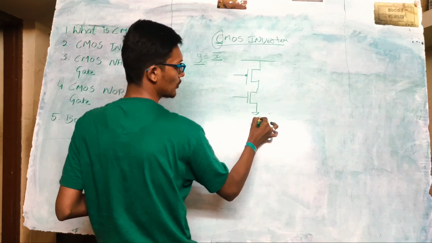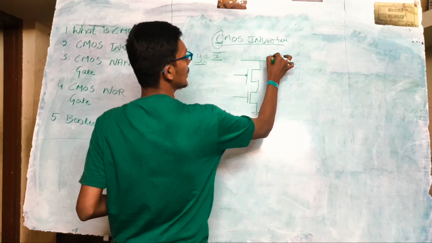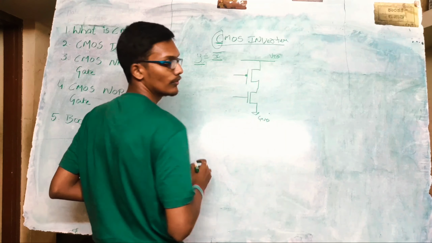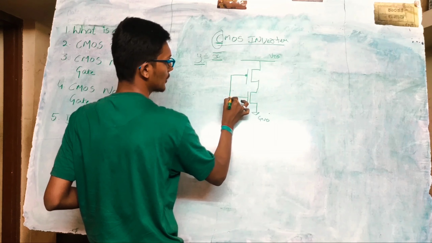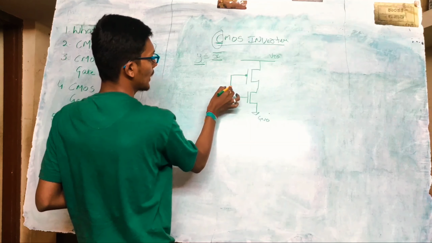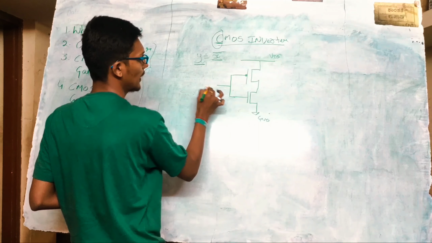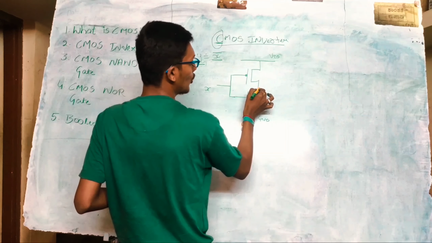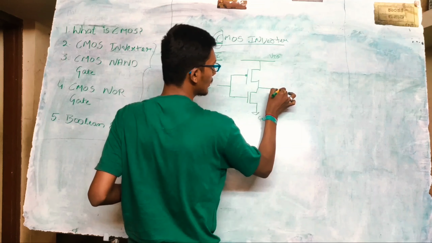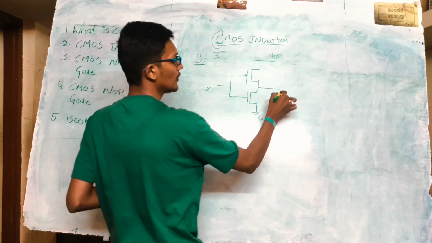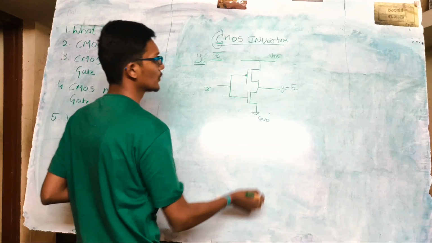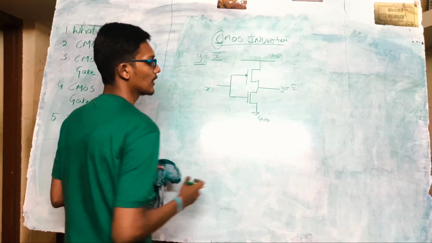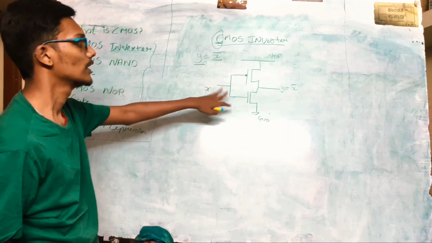This is my ground terminal GND, and this is my VDD terminal. The gate terminals of both transistors are shorted and taken as a single input known as X, and the output is always taken between the NMOS and PMOS, which is Y. So Y is equal to X bar. We'll see this using the switch logic of the CMOS inverter.